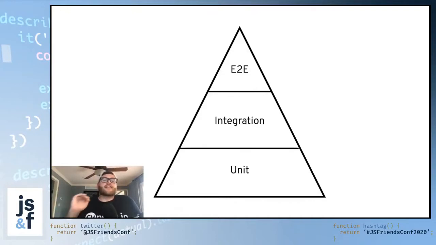On the top end of the spectrum, you have end-to-end tests, which are going to not just test one individual unit, but it's going to test all of the units of a subset feature or behavior of your application from one end to the other, hence end to end.